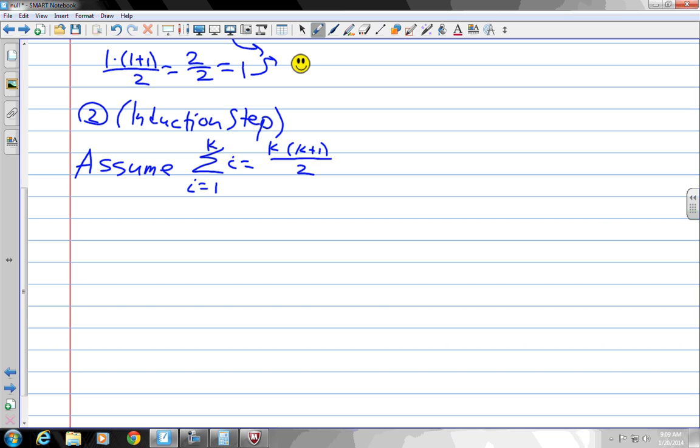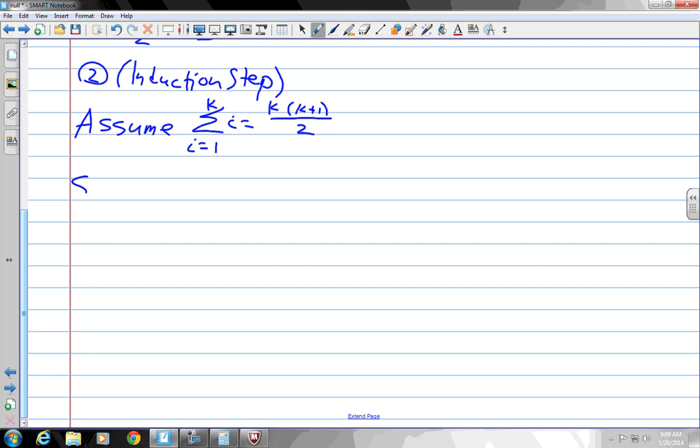So we assume that we actually have that. Now we need to show that it's true for the next step. So we need to show that the summation as i goes from 1 to now k plus 1. So you see, this is what I mean by the next step. We increase k by 1.